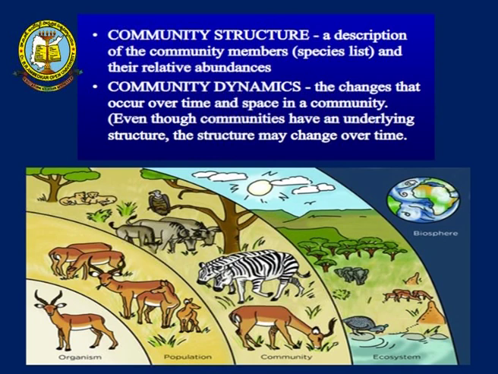Then you call them a community. And this community, when they are interacting with the ecosystem, then you call it an ecosystem. So, on the whole, the whole of the ecosystem where the number of populations, the number of communities are present is what we are going to talk about under community structure and dynamics.